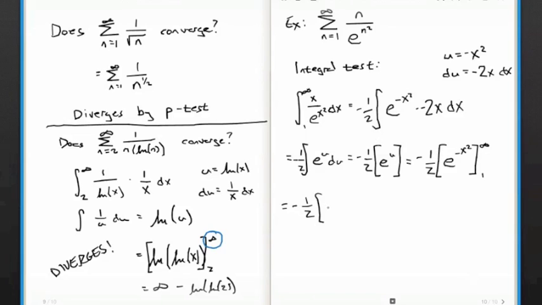Well, we're pretty sure that's 0. Minus, stick a 1 in there, e to the negative 1 is just 1 over e. So I have negative 1/2 times negative 1 over e, and that equals positive 1 over 2e.